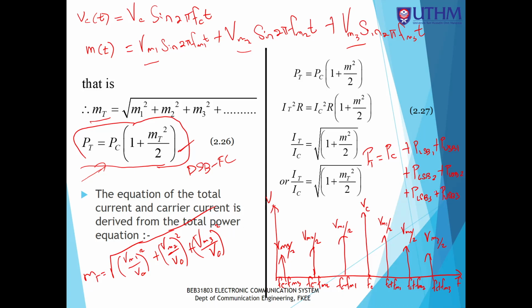So we have 7 components, 6 sideband plus 1 carrier component, and we get the value of total power.